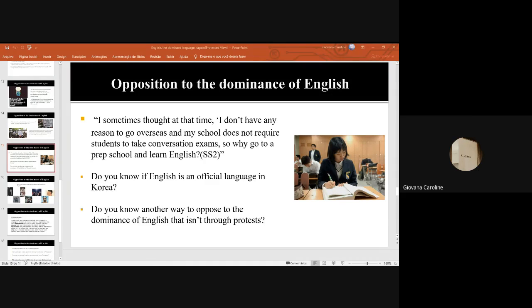And as Marina says, English as a foreign language, but yes, it is taught as a foreign language. And even though it is not official and not a second language, the pressure to learn it is still very high.